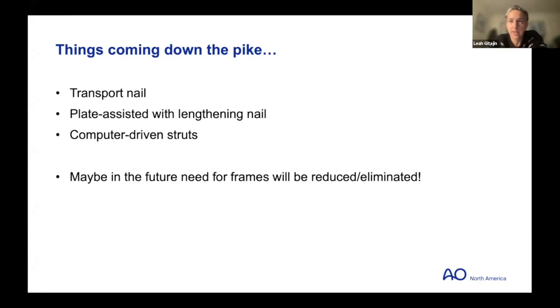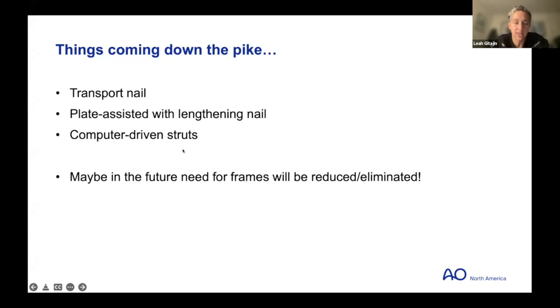So just to briefly plug some things coming down the pike. There are transport nails out there that may allow us to be able to do bone transport without having to put people in frames, and the patients really love that. Today, you can use plate assisted transport with a lengthening nail, and this is all kind of predicated on making sure you have good control of the infection. The nice thing about a frame is that it allows you to not have hardware at the fracture site.